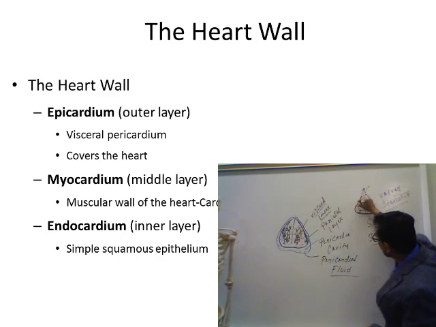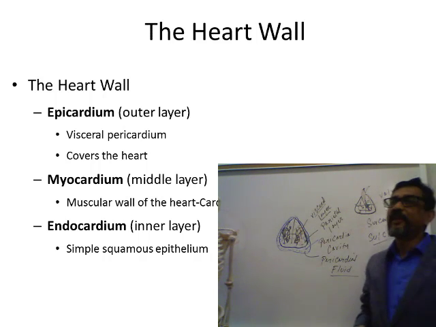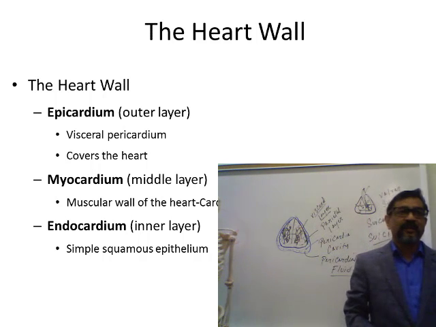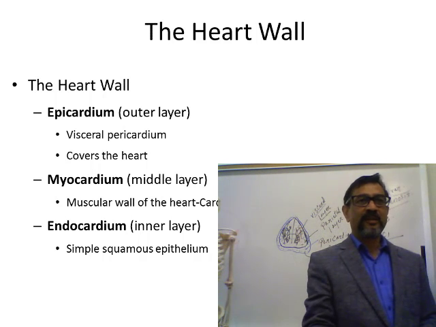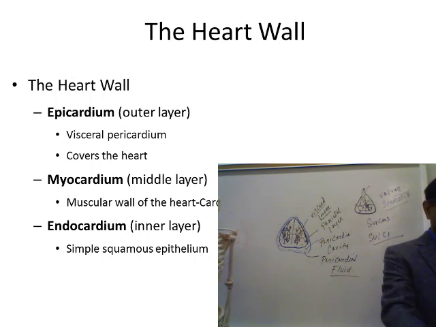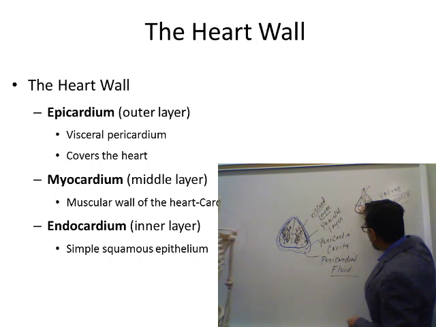Then you have the middle thick layer, which is very thick, and that is cardiac muscle tissue. That is called myocardium. Myo means muscle, remember. So, the middle thick layer of cardiac muscle is called the myocardium, and this one is responsible for the contraction and relaxation, because it is highly specialized muscle.